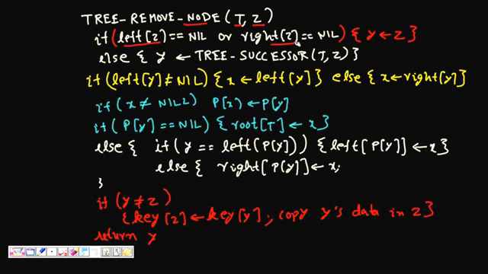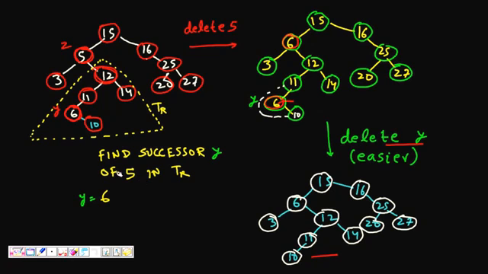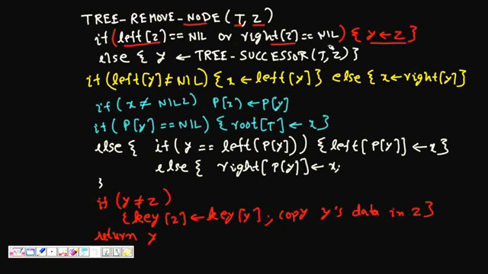In that case, we make y equal to z. Now let's see this code for the third case. For node 5, z is this one, and it has both left and right children. So left of z and right of z are both not null, and we come to this else part.